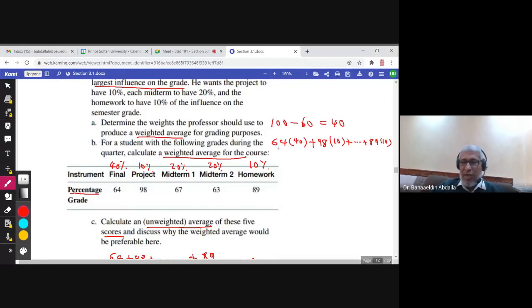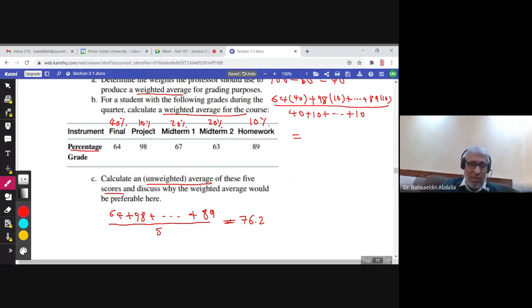This is summation Wi Xi, and you divide by the sum of the weights, 40 plus 10 plus up to 10, which is 100. If you evaluate this, you will get 70, I think. Let us do it.